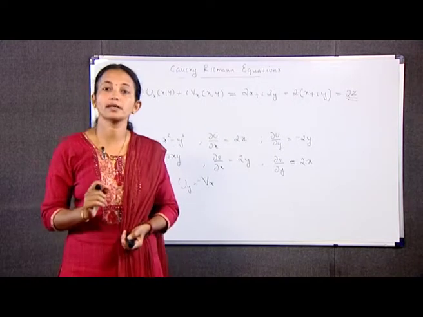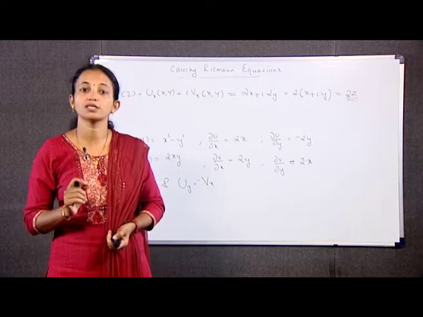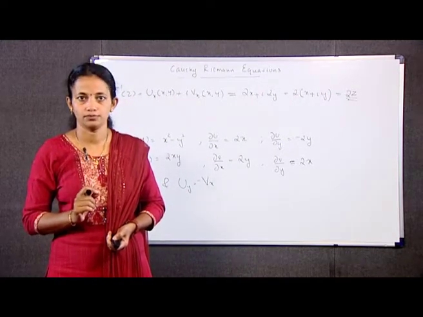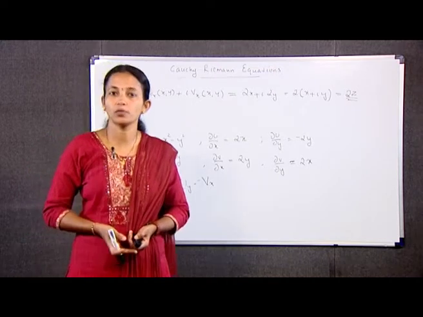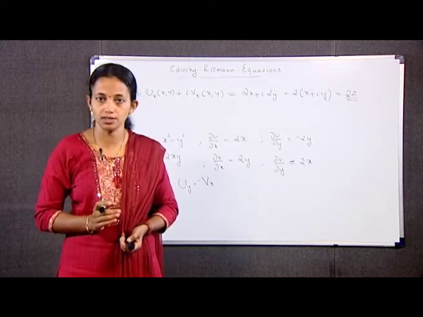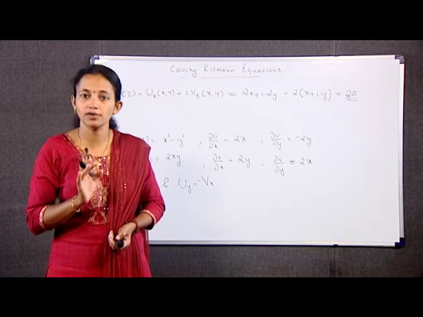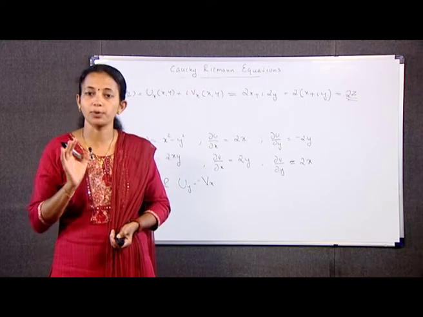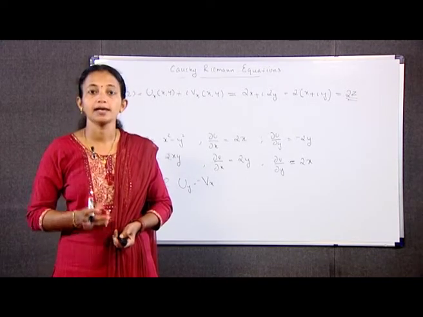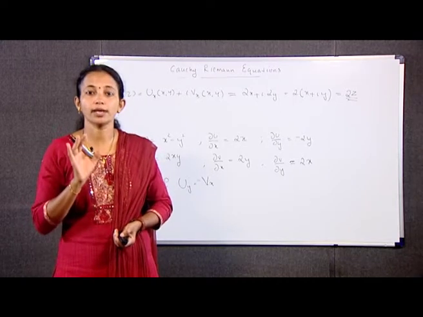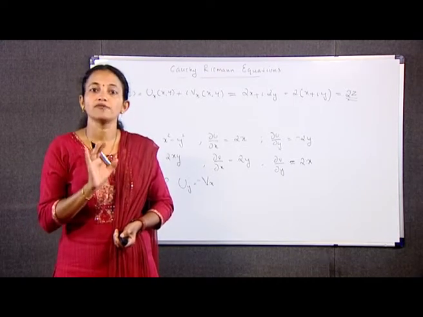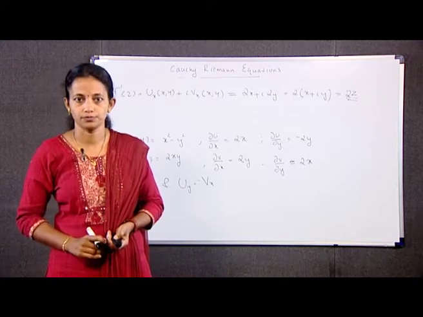Next we have locating points at which f has no derivative. Since the Cauchy-Riemann equations are necessary conditions for the existence of the derivative of a function f at a point z0, they can often be used to locate points at which f does not have a derivative.